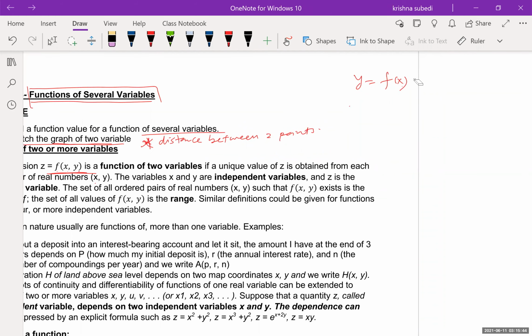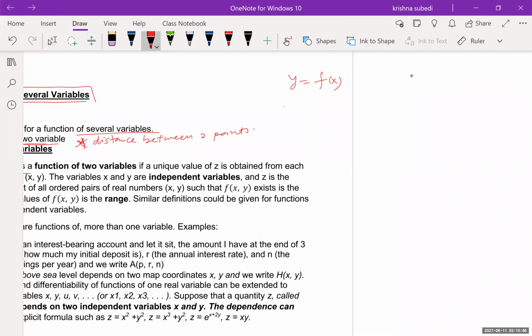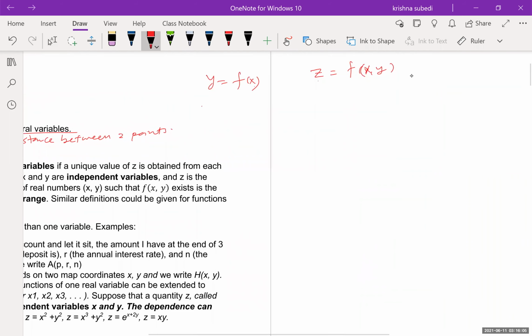In this lesson today, we'll be talking about function of two variables. So we have two independent variables x and y, and z is the dependent variable. Okay, so that's a function of two variables and function of three variables.